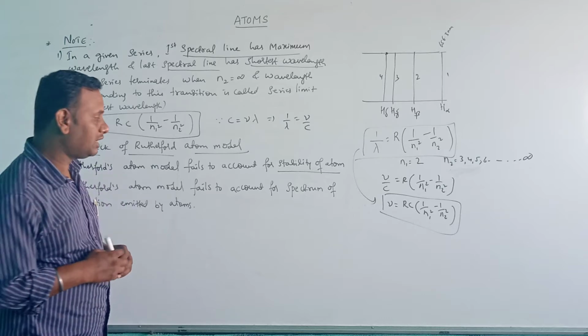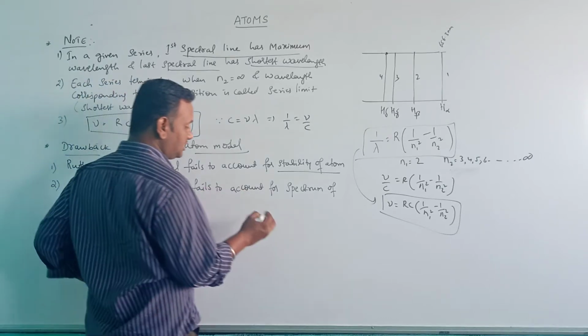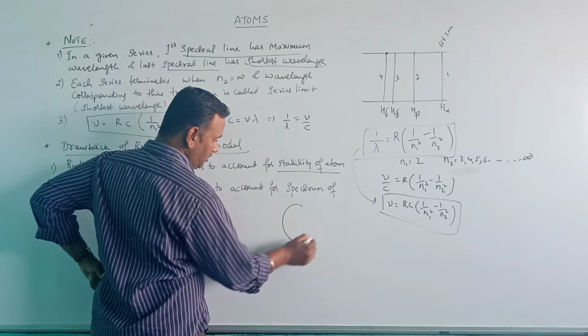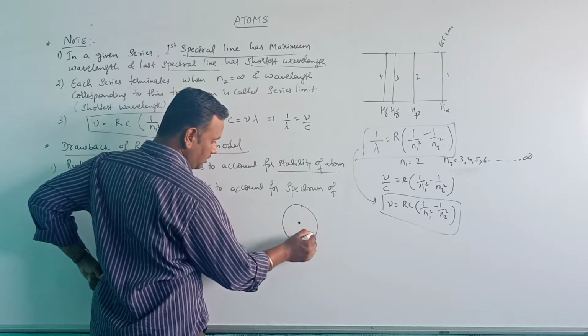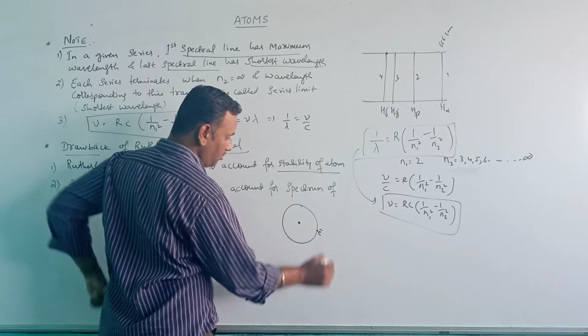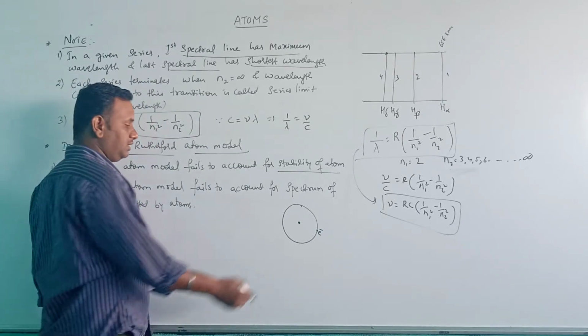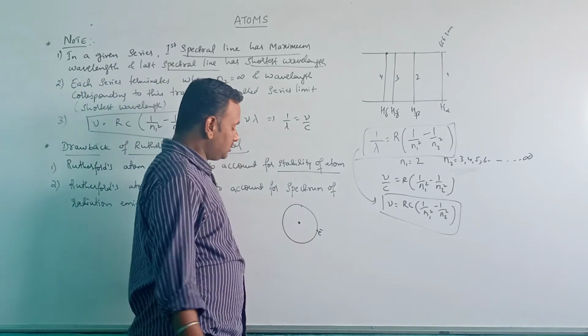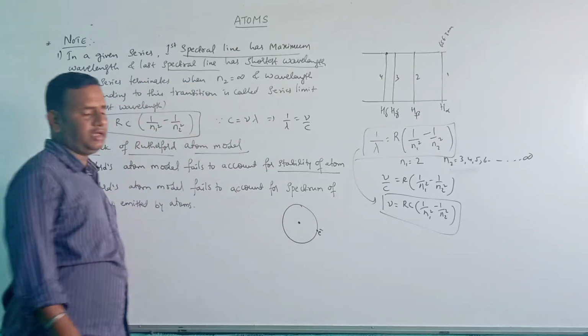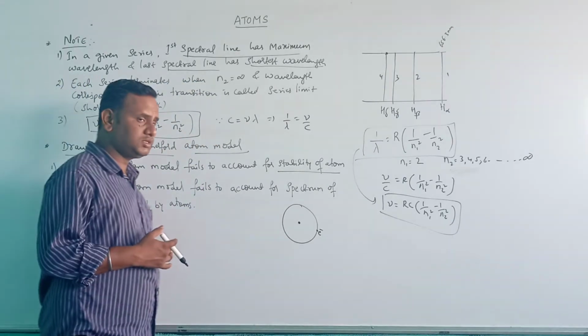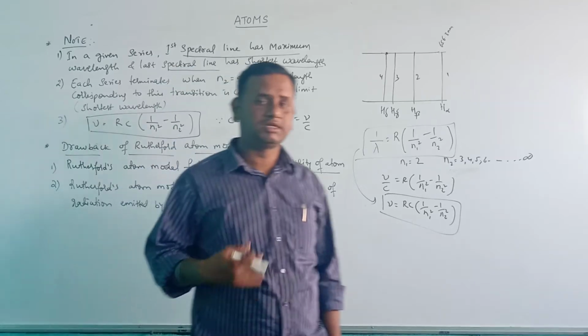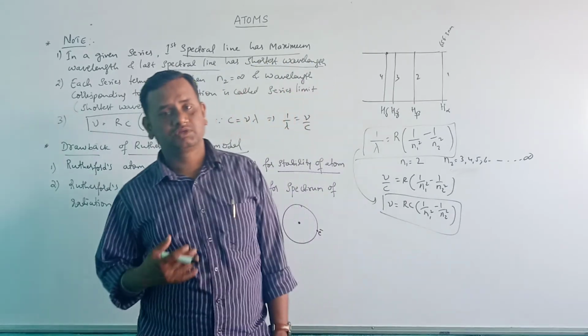According to the Rutherford atom model, in an atom we have a nucleus, and around the nucleus the electron is going to revolve continuously. I will tell you an example. Suppose I am continuously taking the class, 1 hour, 2 hours, 3 hours.